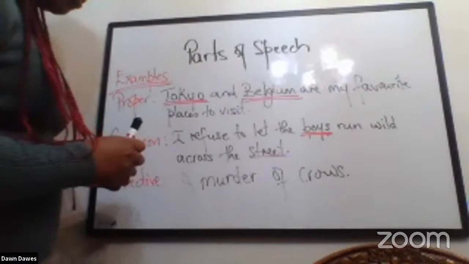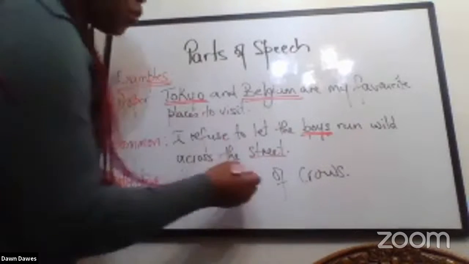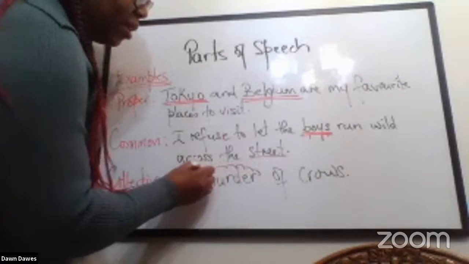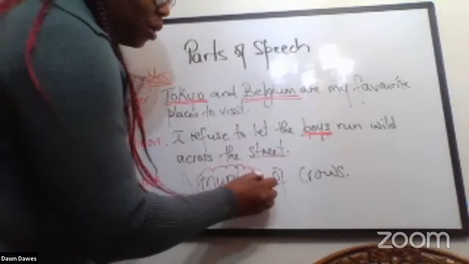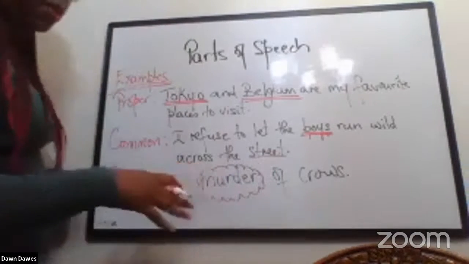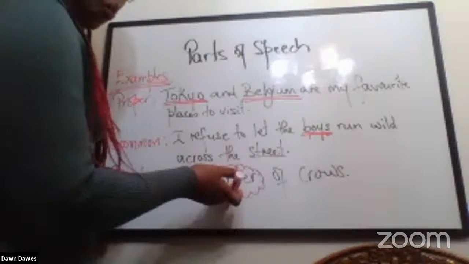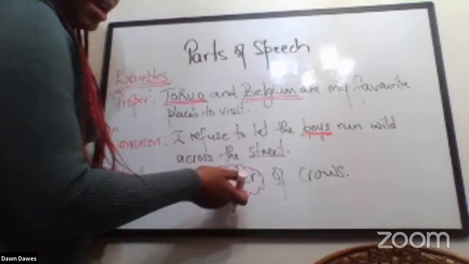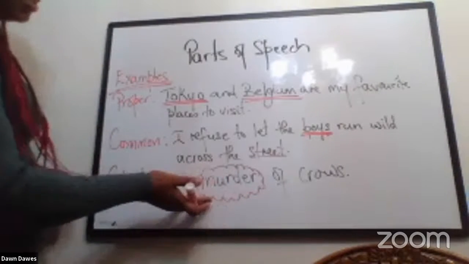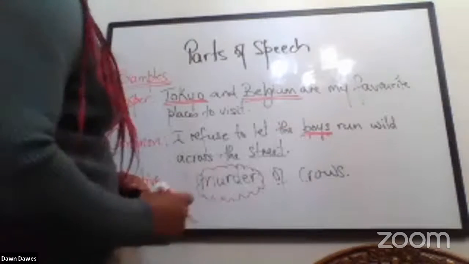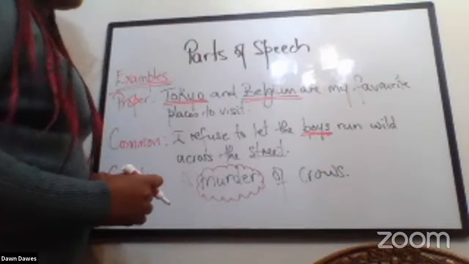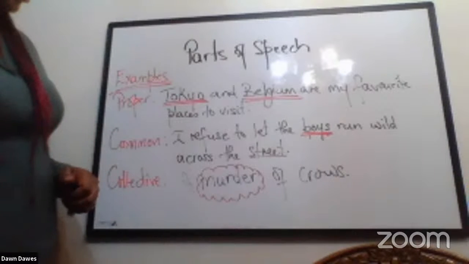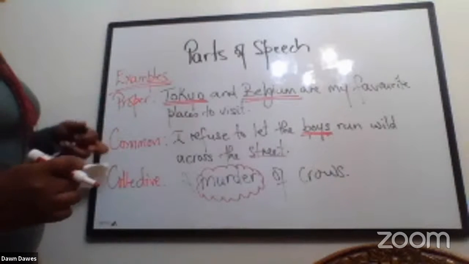Think about it. Maybe I need to do some further reading into why this word, a murder of crows, but this is how you refer to them. So those are examples for proper, common, collective.